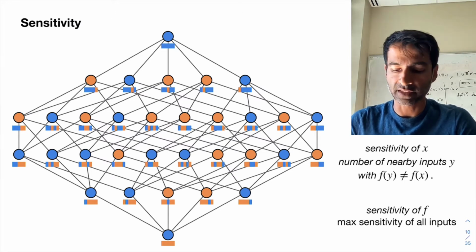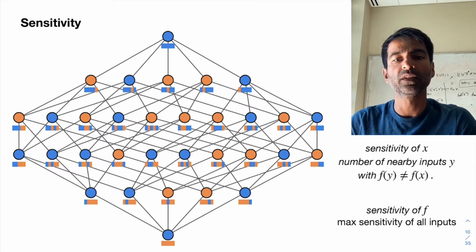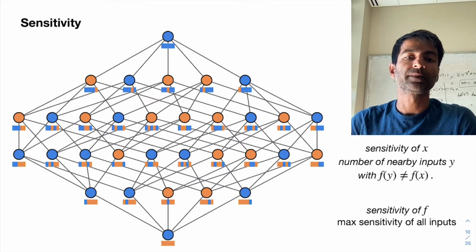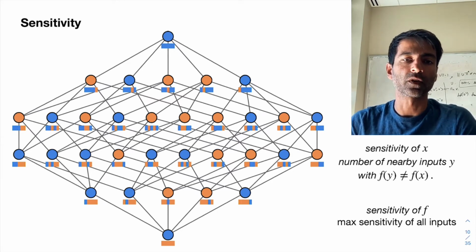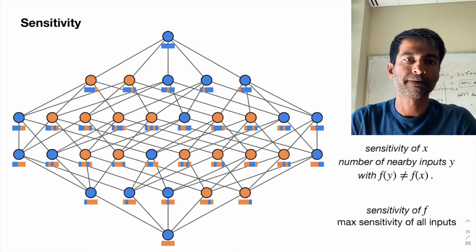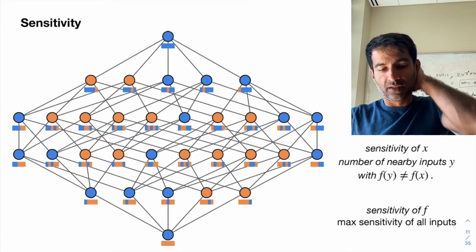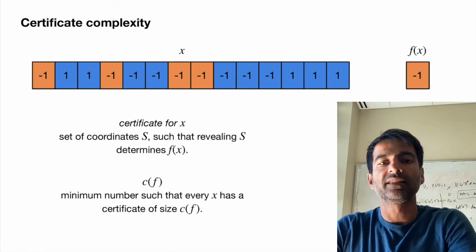Okay. The sensitivity of the function is just the maximum sensitivity of all the inputs, over all choices for the inputs. All right, so that's the sensitivity.